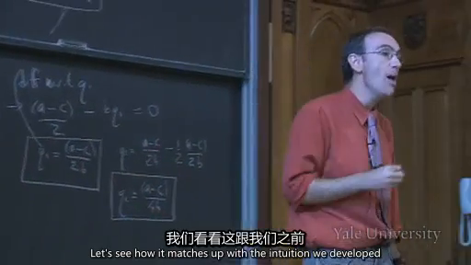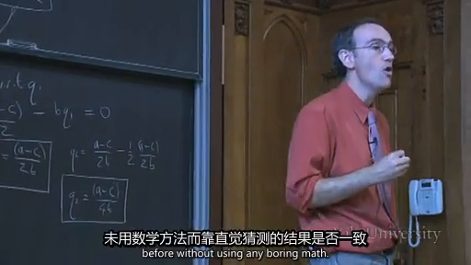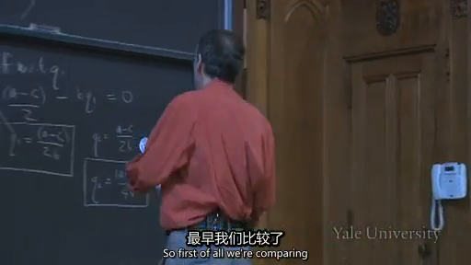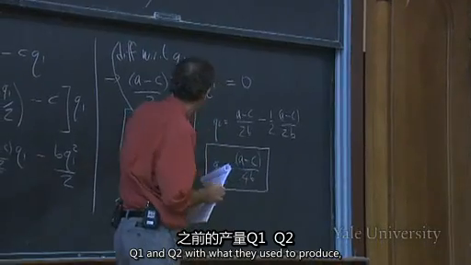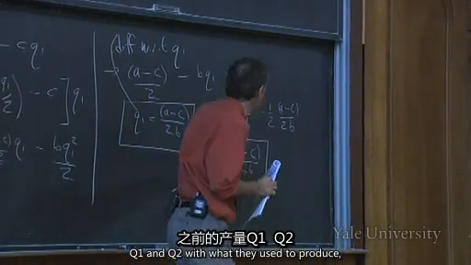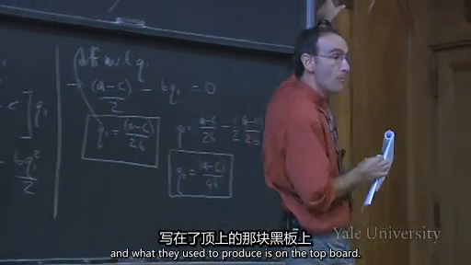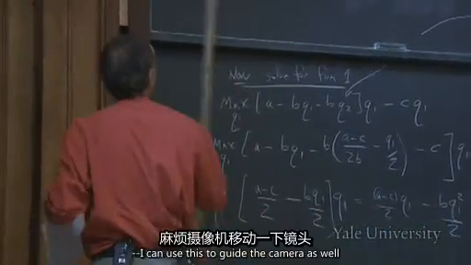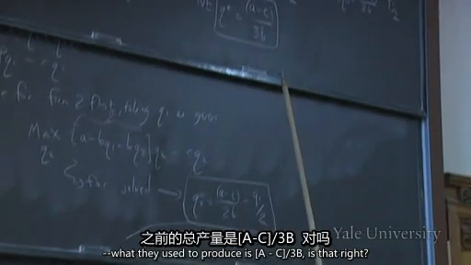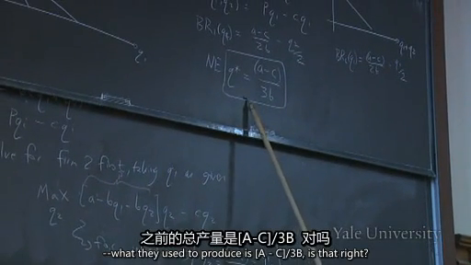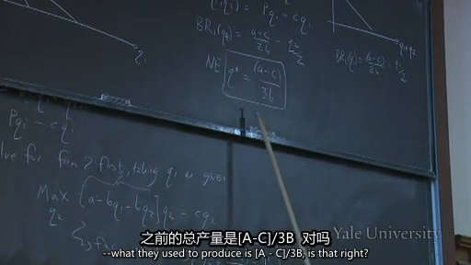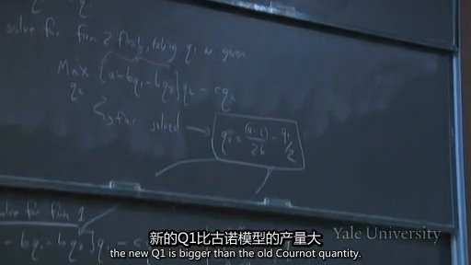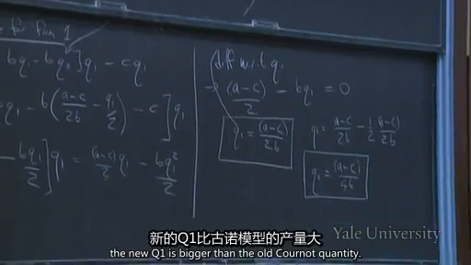Let's see how it matches up with the intuition we developed before without using any boring math. First of all, we're comparing Q1 and Q2 with what they used to produce, which is on the top board. What they used to produce is (A minus C) over 3b. Our claim was that the new Q1 is bigger than the old Cournot quantity.